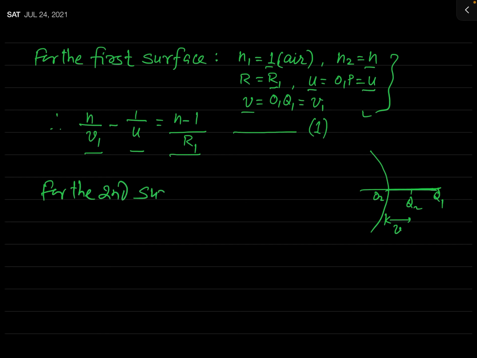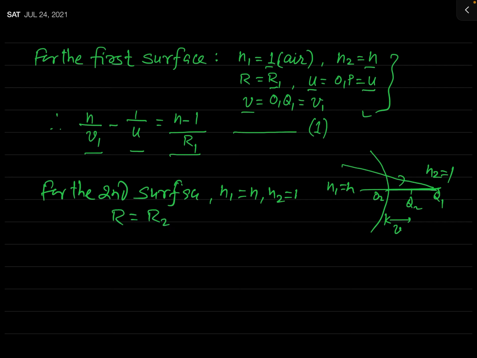you can see, for the second surface a ray is going like this. So n1 in this case will be equal to n, and n2 will be equal to 1. Let us consider that the radius of curvature of this second surface is r2.